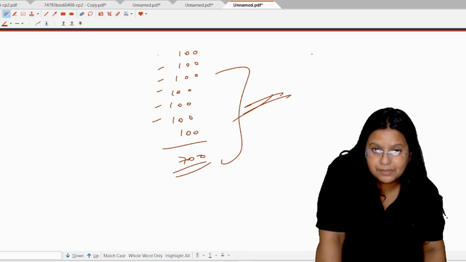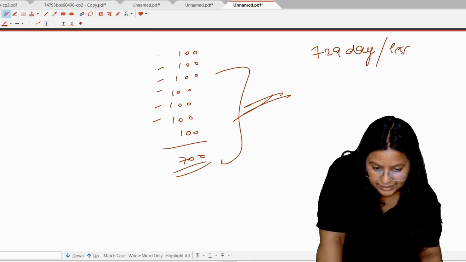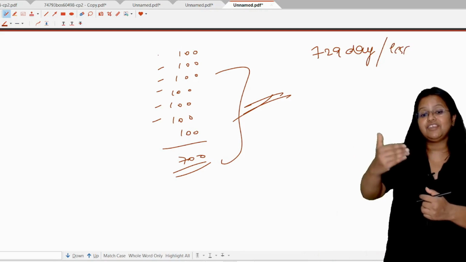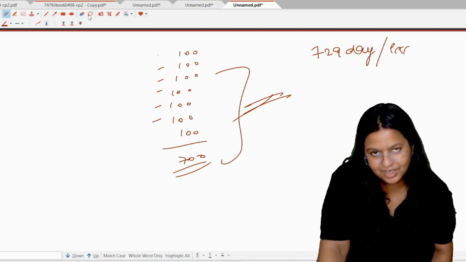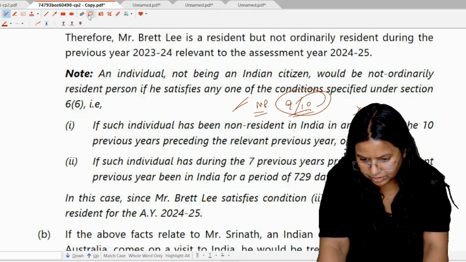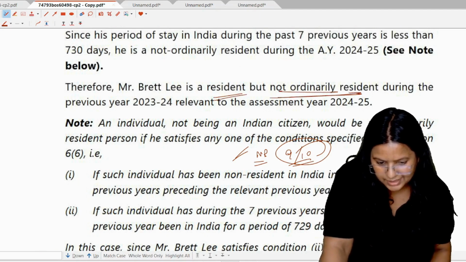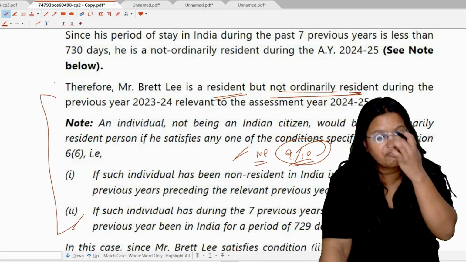Because he must be in India for 729 days or less. He was in India for 700 days, which is less than 729 days. So Mr. Brett Lee becomes an NOR in India. Is it clear to all of you? So Mr. Brett Lee is a resident but not ordinarily resident. You have to write these kinds of notes in the examination. It will give you very good marks.